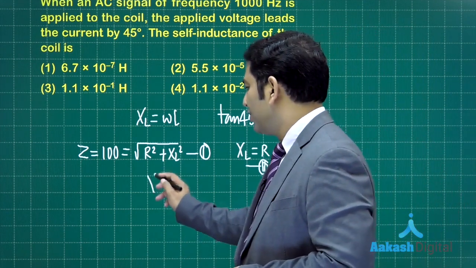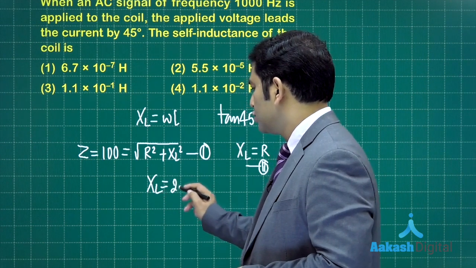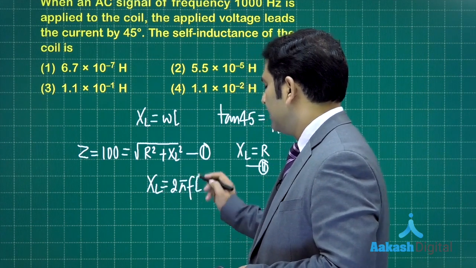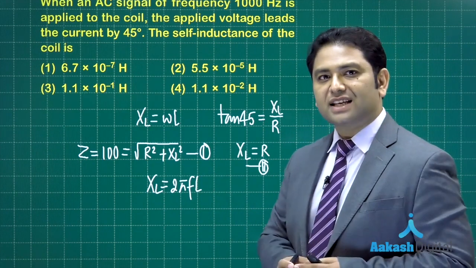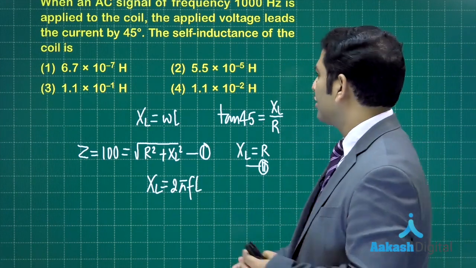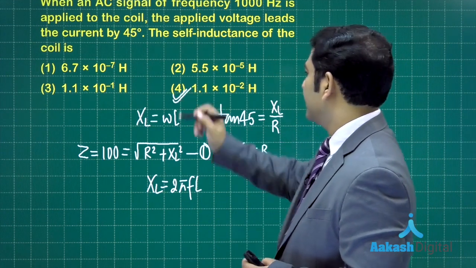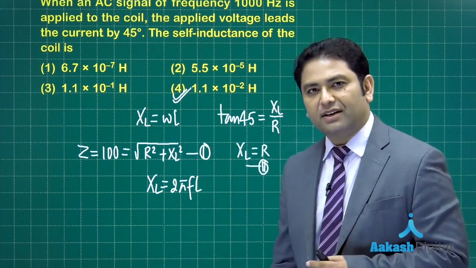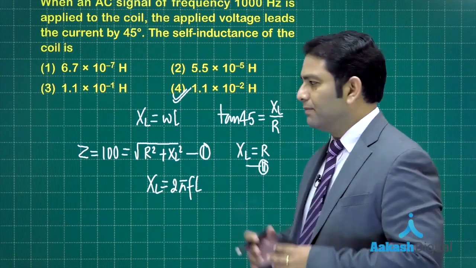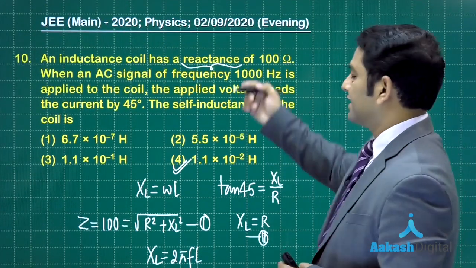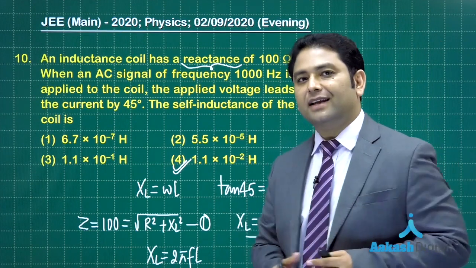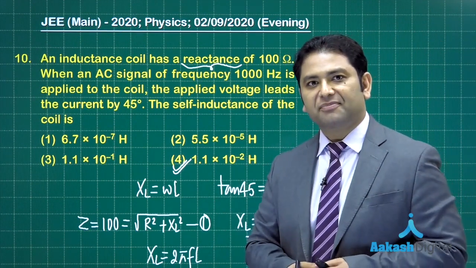And now if you equate this XL to 2 pi FL with the given frequency, which is 1000 Hertz, the value of self-inductance comes very close to 1.1 into 10 raised to the power minus 2 Henry. So we believe that inadvertently the word reactance must have been added. It should be taken as impedance.